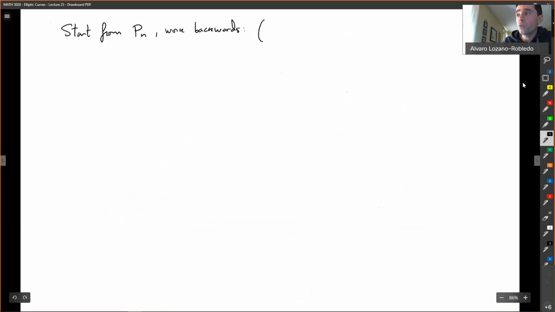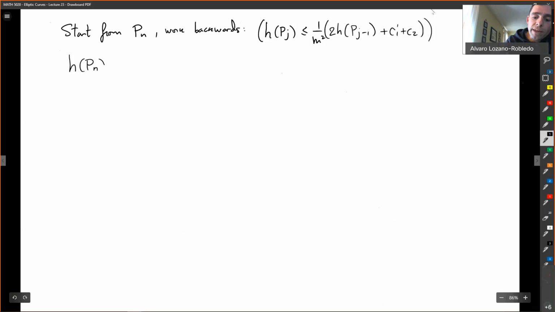Remember, we just proved that the height of Pj is less or equal to 1 over m squared times twice the height of Pj minus 1 plus C1 prime plus C2. Okay, we proved that. So now I start from the height of Pn and work backwards until you get to P itself.